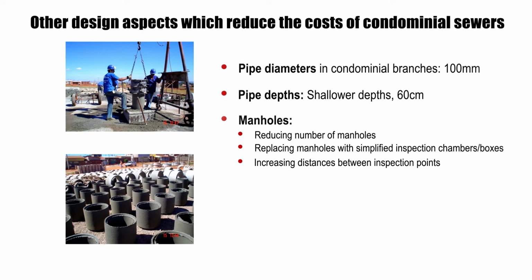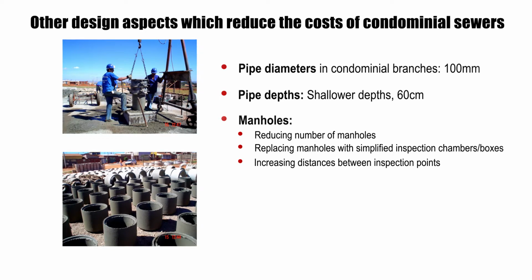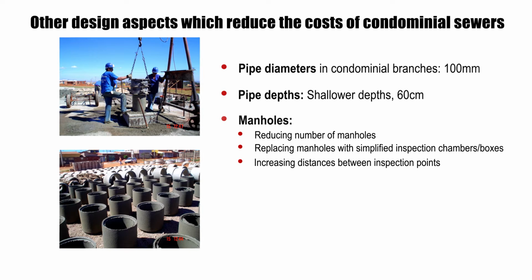In a condominial sewerage system, the number of costly manholes is reduced and they are replaced by simplified forms called inspection chambers. These factors not only reduce the cost of the sewers, but can also be beneficial during maintenance and repairs.